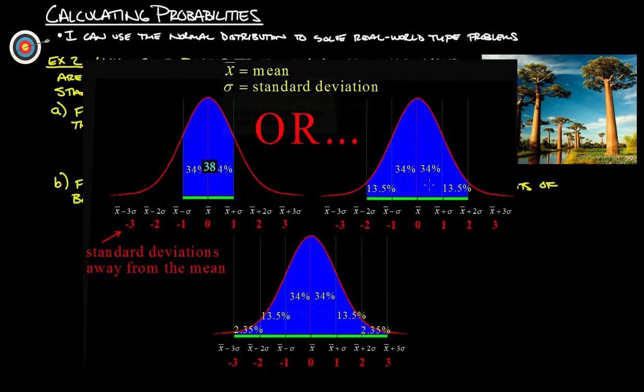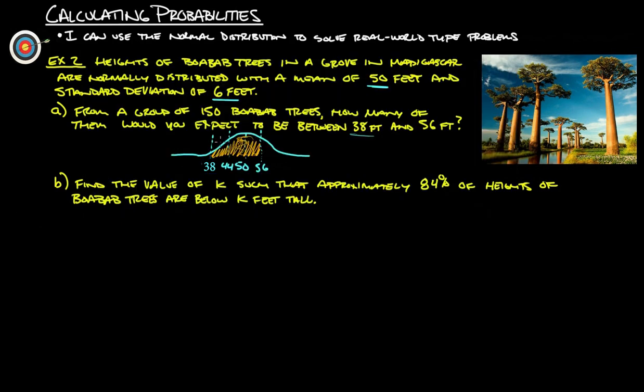So let's pull those back up. Really we want this one and that one, right? So we got 34, 34, and 13.5 is what we're looking at. So we're going to add those all together.